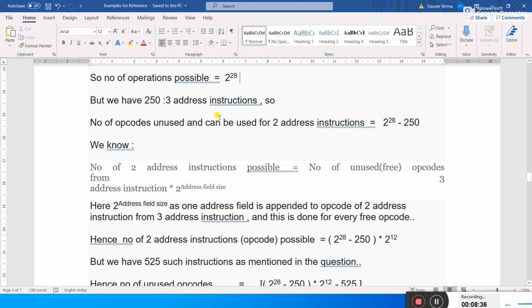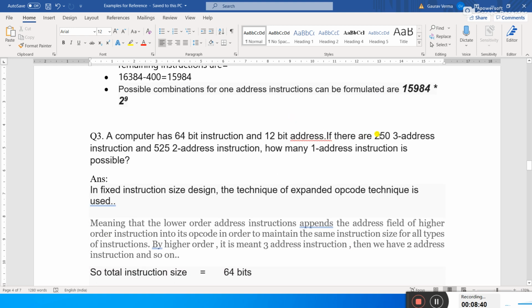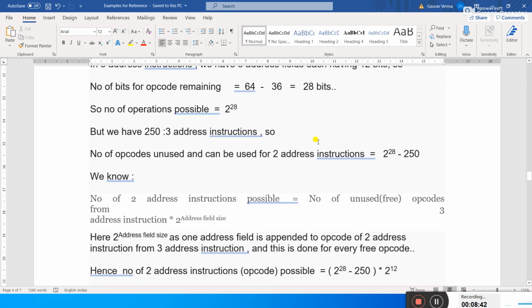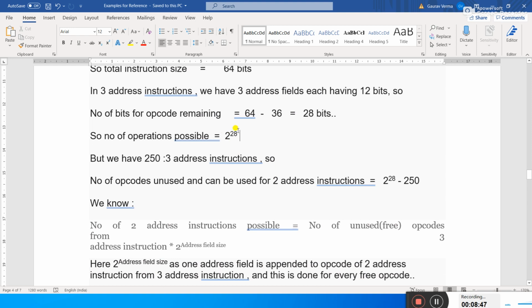We have already got from the question that we have 253 three address instructions. We don't have 2 to the power 28 instructions; we have only 253 three address instructions. So what will we have to do?